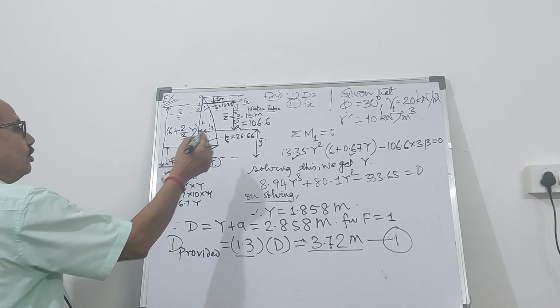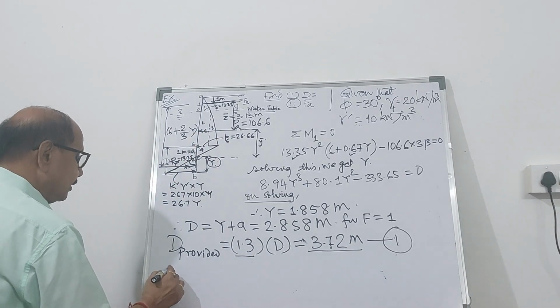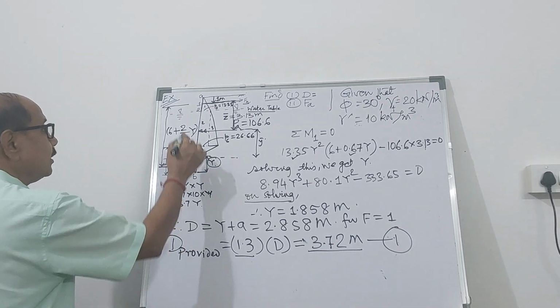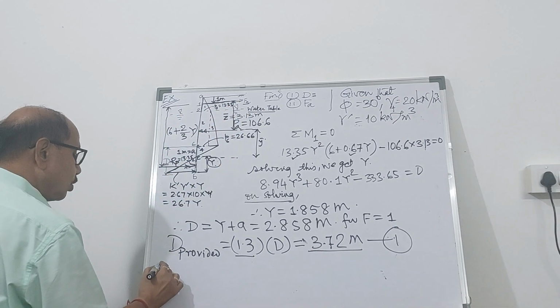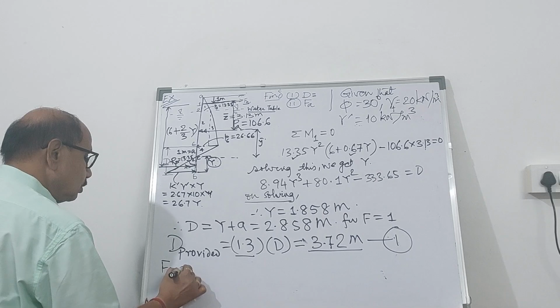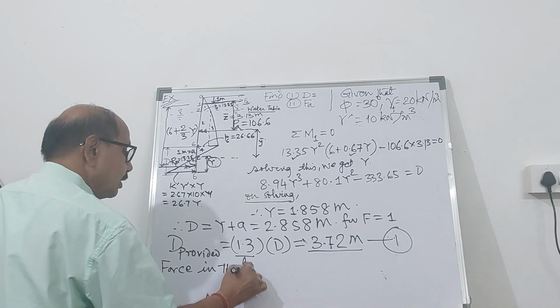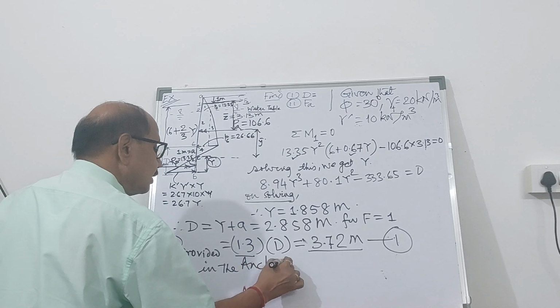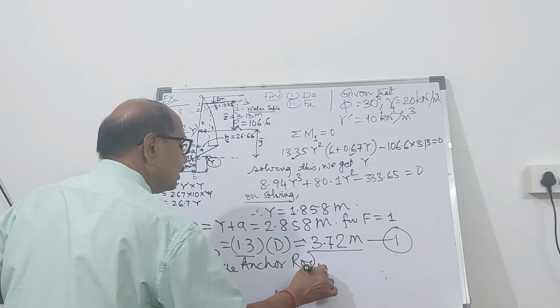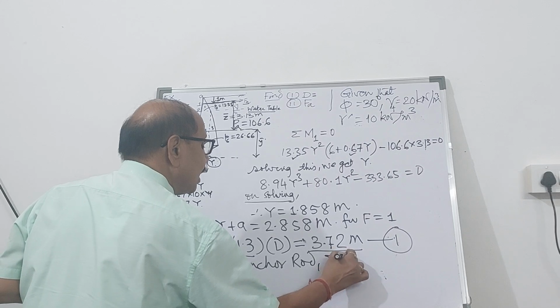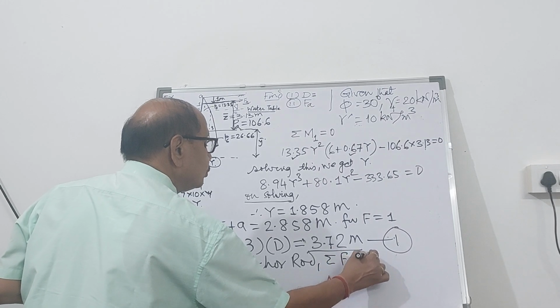Now, in order to find out the value of FA, that is the force in the anchor rod, can be easily calculated by equating sigma Fh equal to 0.